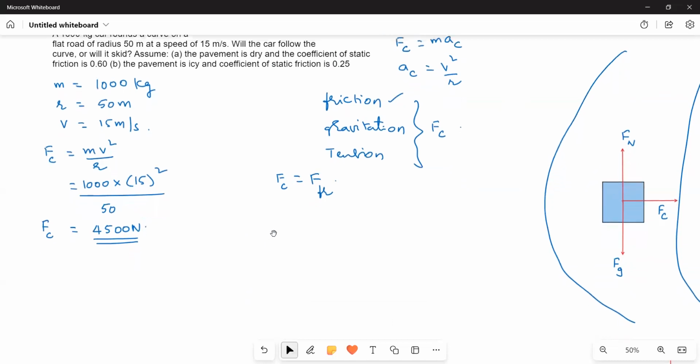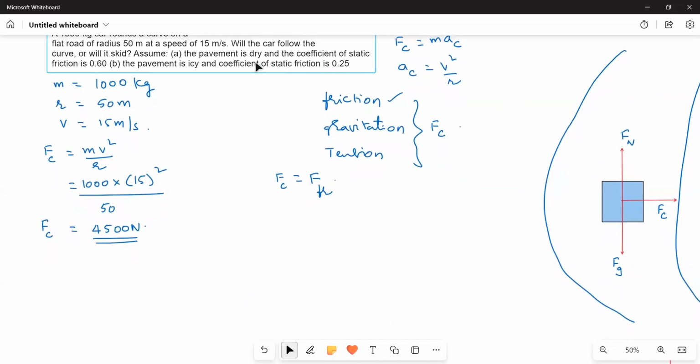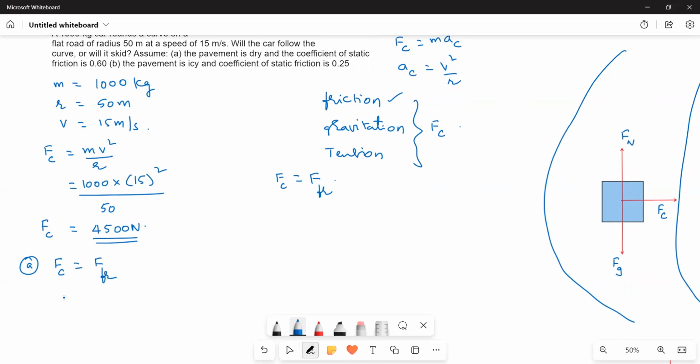Now let us see the A bit. In the A bit, we will study whether the friction can provide the required centripetal force or not. I told you Fc is equal to F friction here. F friction is equal to mu Fn, you know. Fn is nothing but mg.